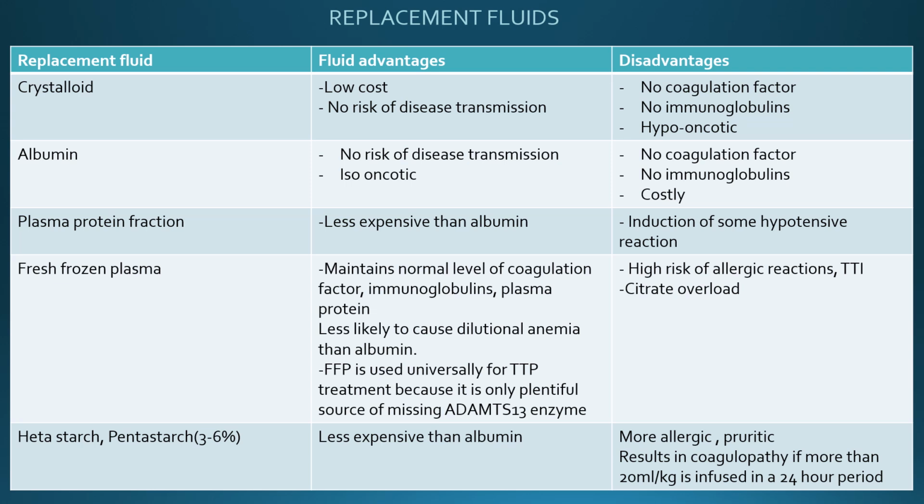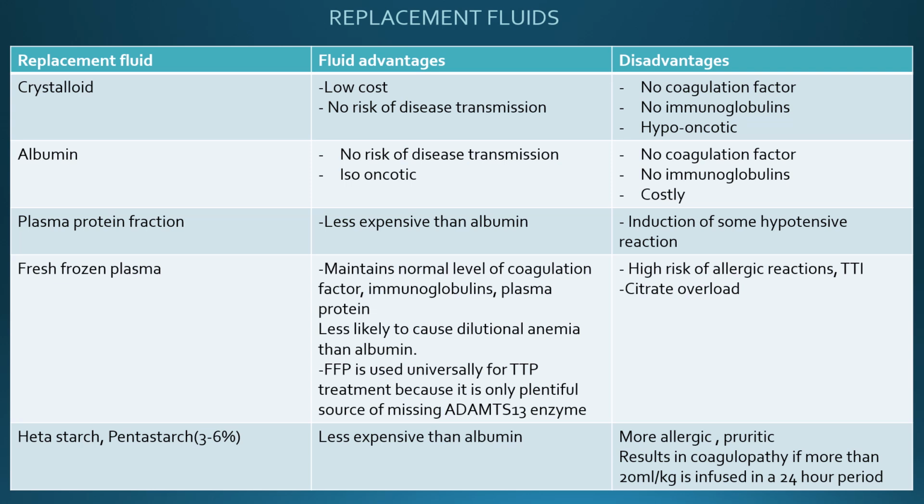Crystalloids have different advantages and disadvantages: they are low cost and carry no risk of disease transmission, but they do not provide any coagulation factor or immunoglobulin, and they are not oncotic. Albumin is the most commonly used fluid, but it provides no coagulation factor or immunoglobulin and is costly, though there is no risk of disease transmission, and it is isooncotic.